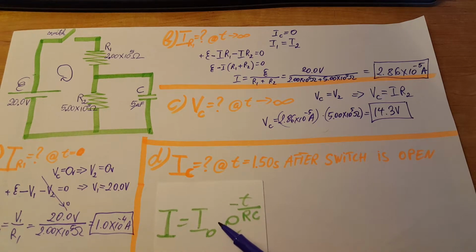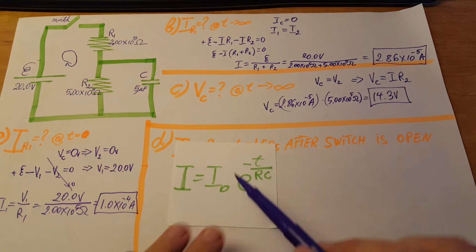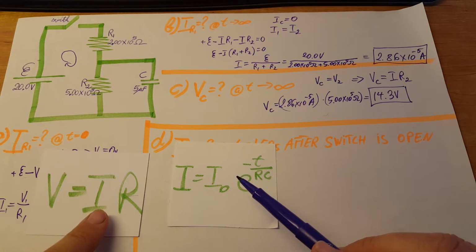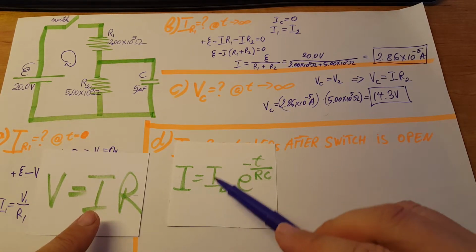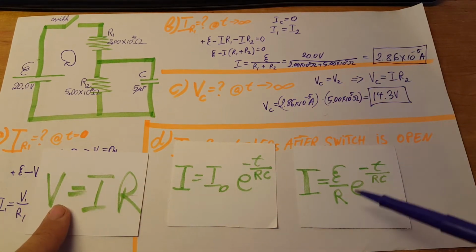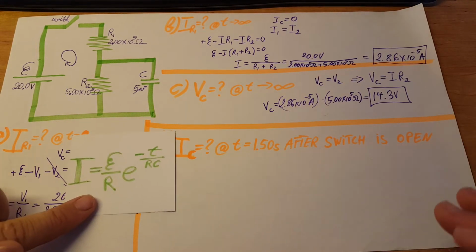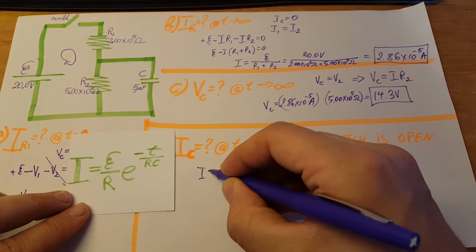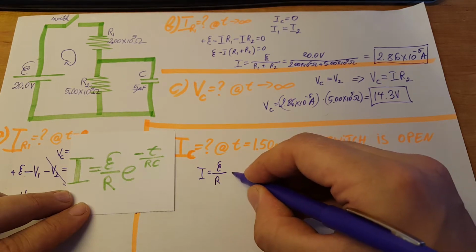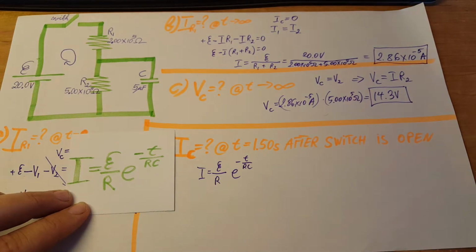Okay, this is the formula that we're gonna use, but here we're gonna use V equals IR again, and instead of I naught, we're gonna plug in E over R. So I'm gonna write down straight this one: I equals the EMF over R times e to the negative t over RC.